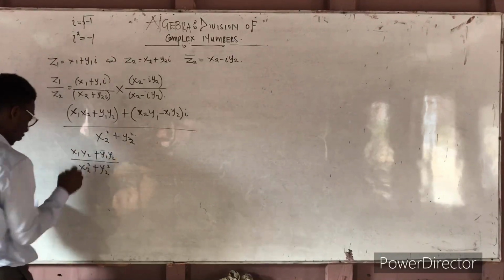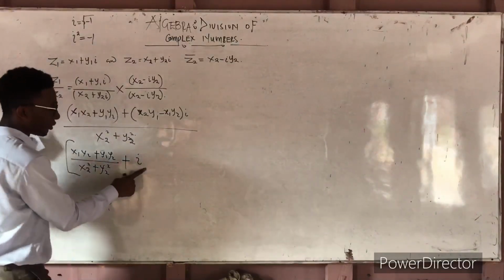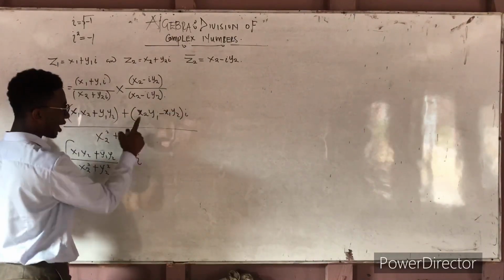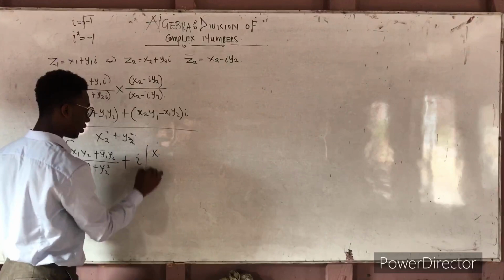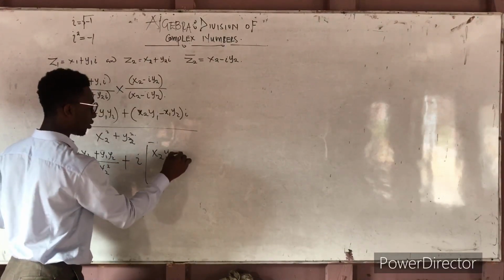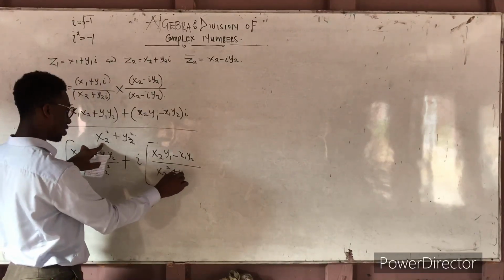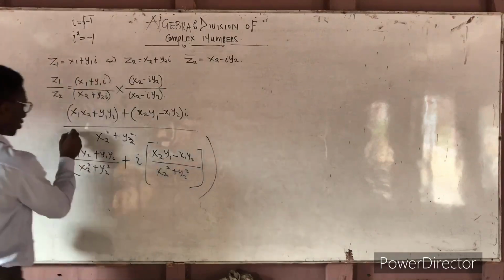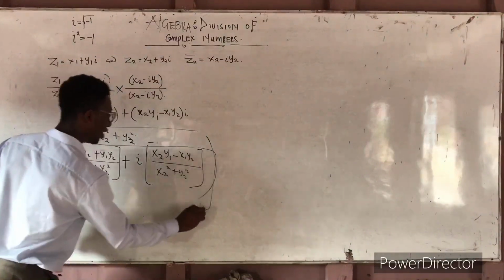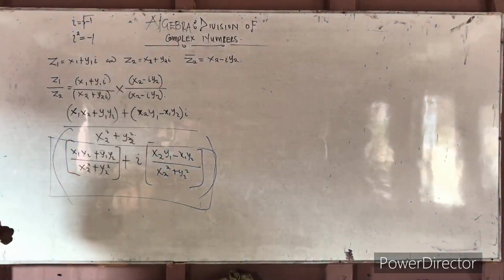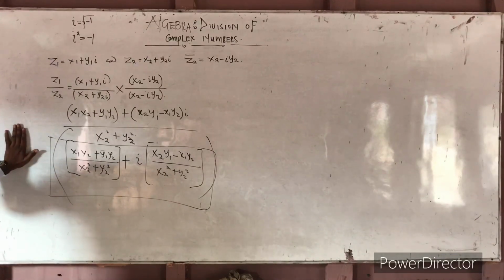And plus i, the imaginary part, is x2 y1 minus x1 y2, all divided by the denominator x2 squared plus y2 squared. And this is the breakdown for the division. So if I want to divide two complex numbers, this is the breakdown for that particular division.